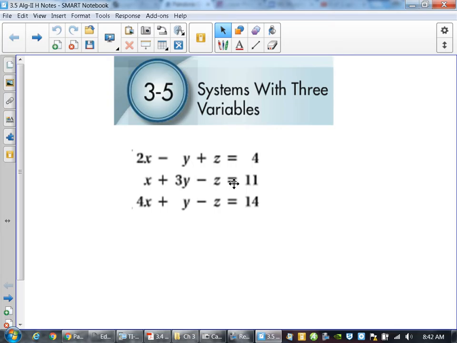The reason that we want to talk about systems with 3 variables is that we'll be working with parabolas next week.